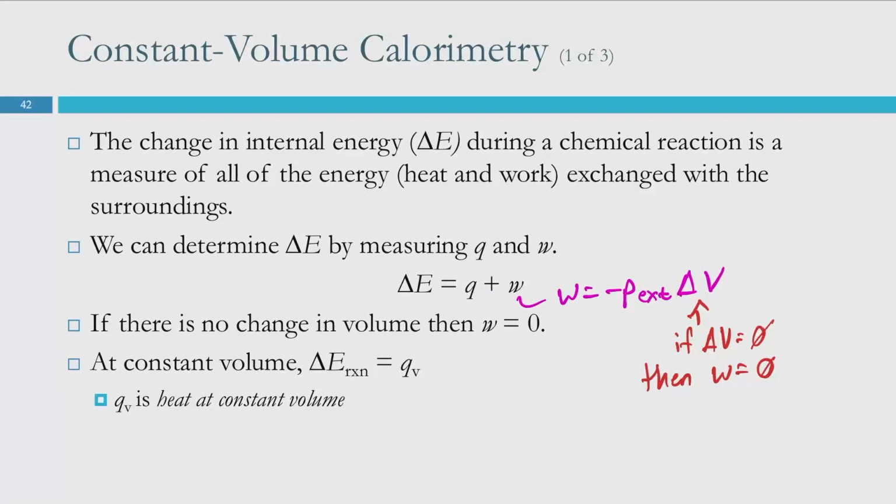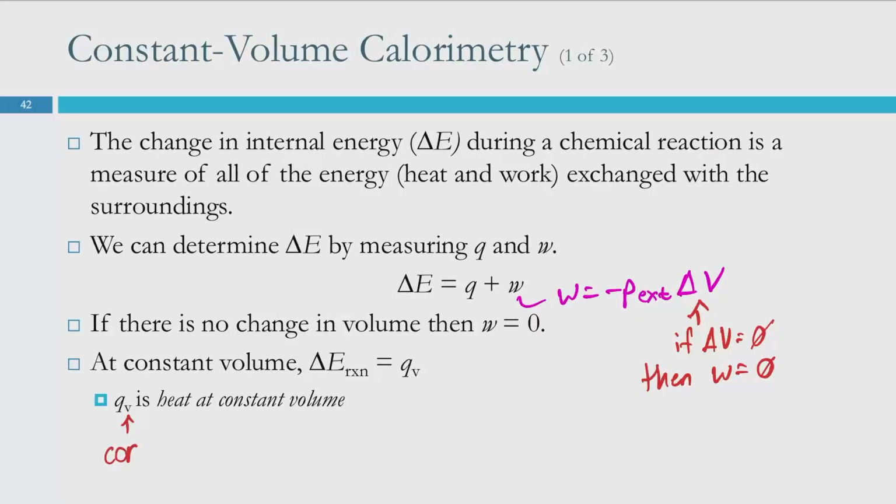So if we can create a system where our volume can't change, where we've got rigid walls, then our change in internal energy is going to be equal to our heat value, because we know that no work was done because no volume change occurred. So QV is heat at a constant volume.